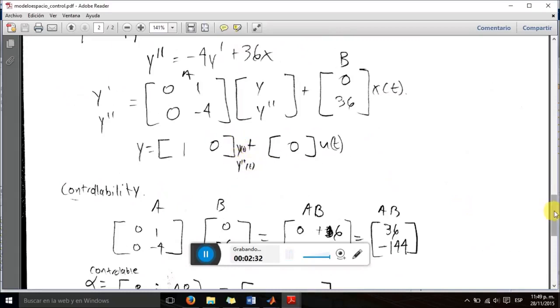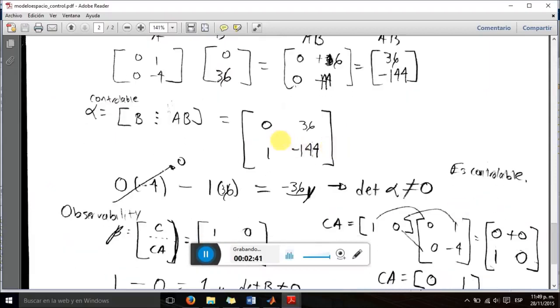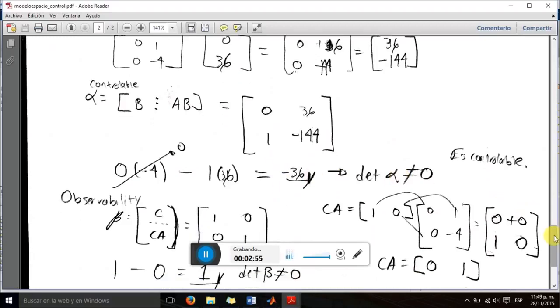So the multiplication between A and B will be once only. Okay, so we obtain the determinant of this new matrix, and we obtain this. And since it is not equal to 0, we can say that the system is controllable, and the rank of this matrix is equal to the state variables of the system, that in this case is 2.